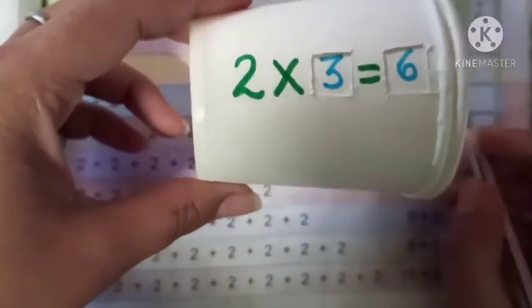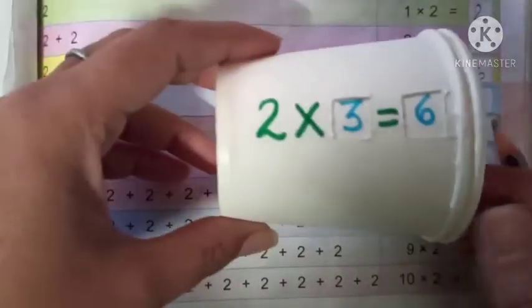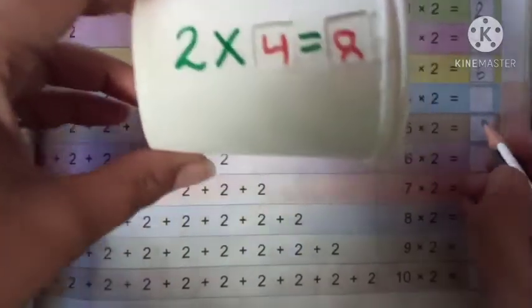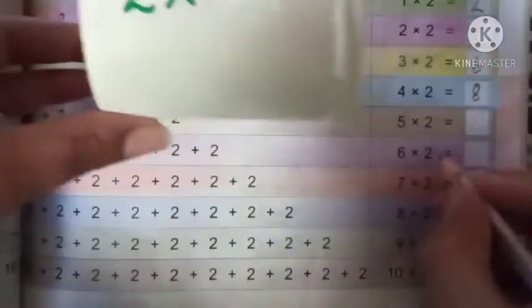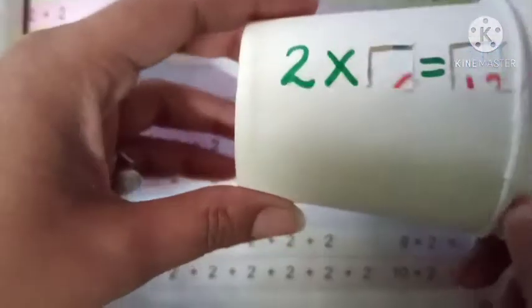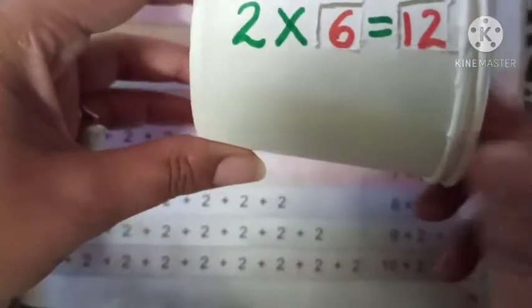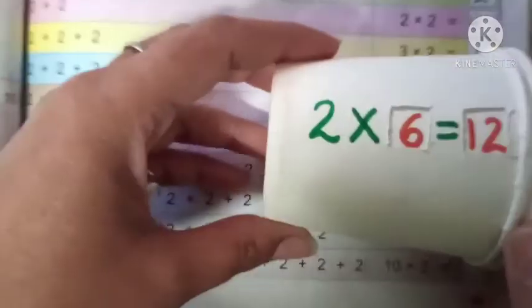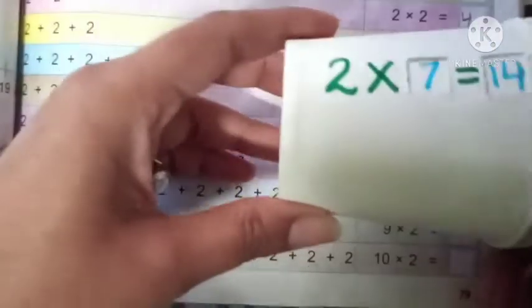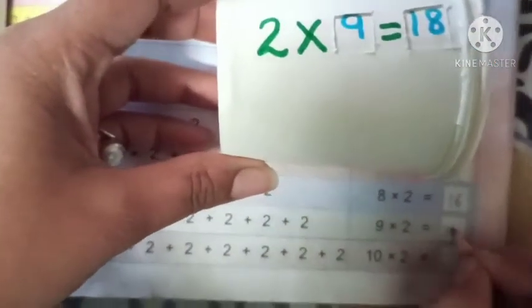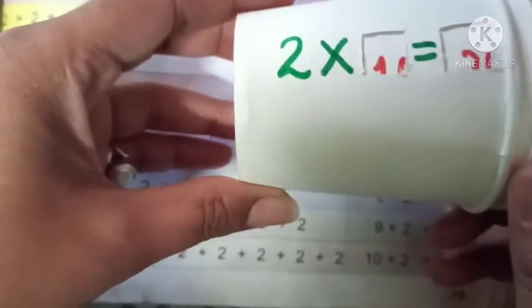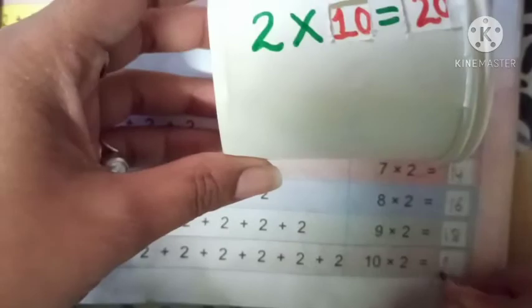Now 3 times 2 is 6. 4 times 2 is 8. 5 times 2 is 10. 6 times 2 is 12. 7 times 2 is 14. 8 times 2 is 16. 9 times 2 is 18. And 10 times 2 is 20.